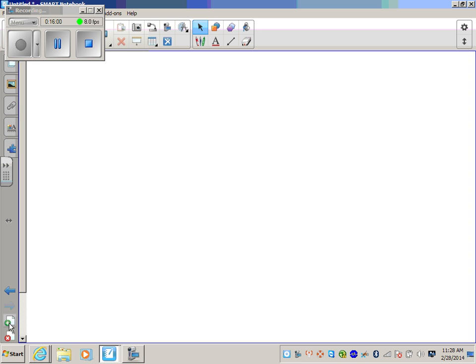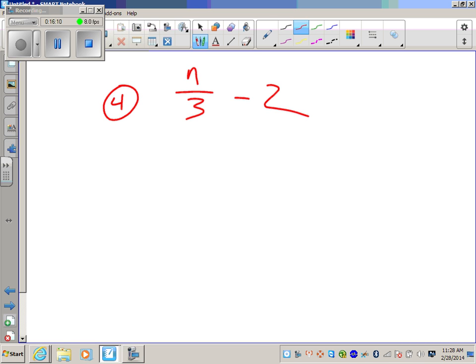What about number 4? Number 4 says this is your output: n over 3 minus 2. What are you going to do to n? First thing you're going to do is what? What does this mean? Dividing. You're going to divide it by 3. Let's take a look at the first one. It's negative 6, right?